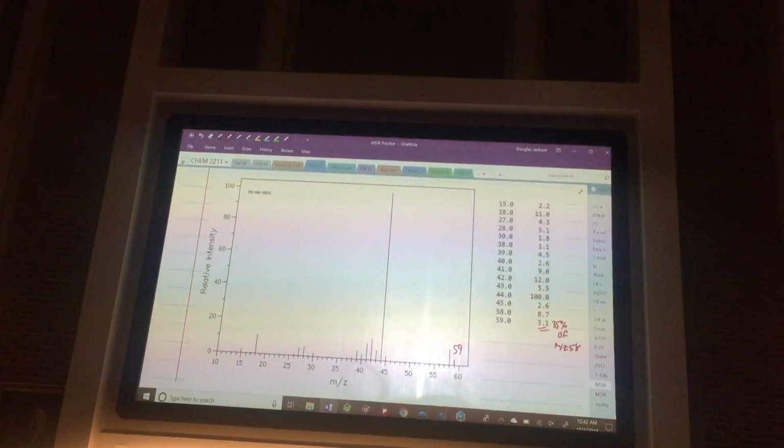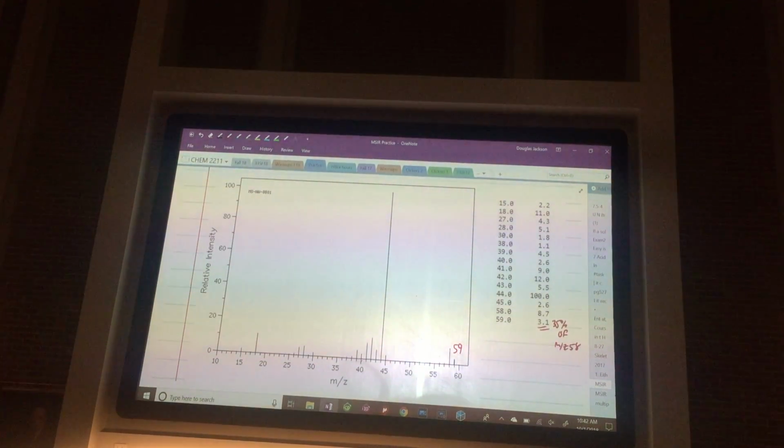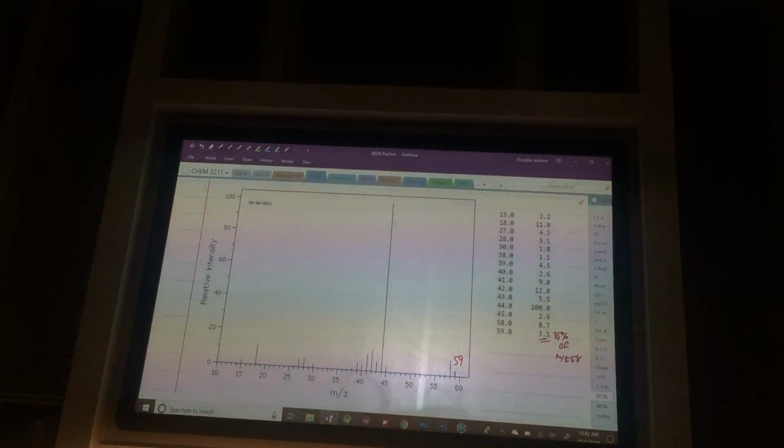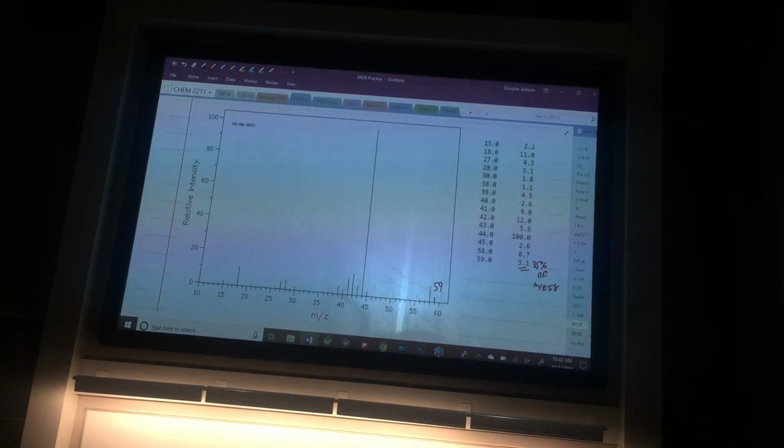Only 1.1% of carbon is carbon-13. With only 4 carbons, our odds of getting a carbon-13 are only 4.4% of the previous mass. So 4.4% of 8.7 is much less than 3. That's our second piece of evidence that 59 is the molecular ion.